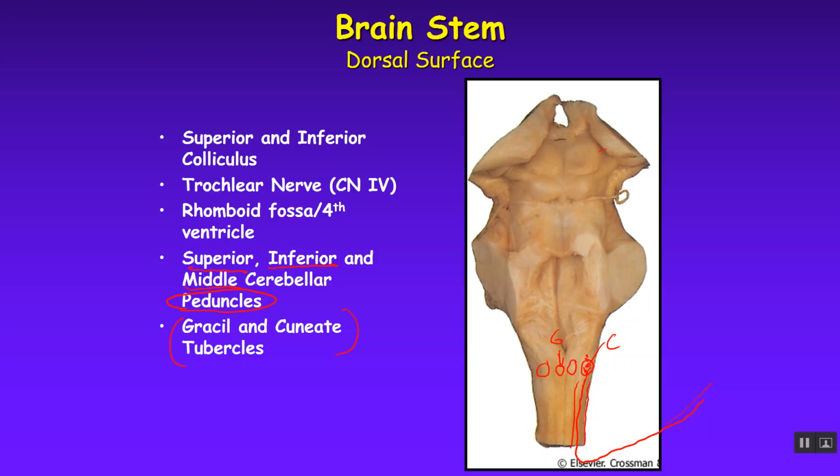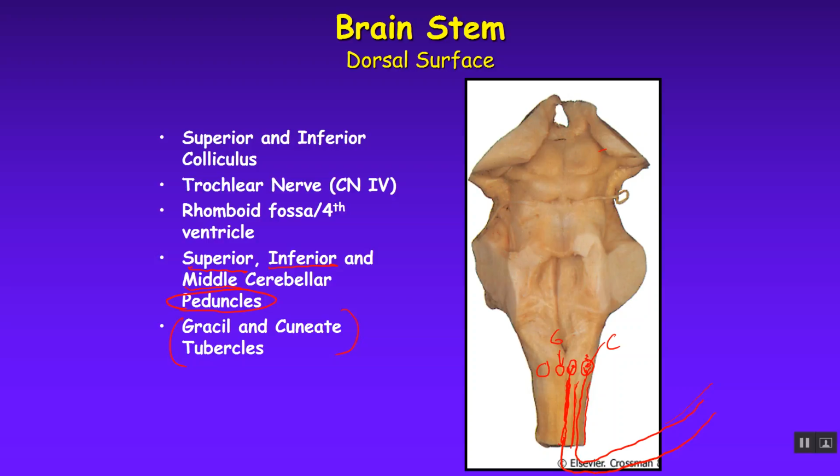We're not going to go into any more detail at this point. And then the fasciculus just medial to that is the fasciculus gracilis, which brings information from the lower body and comes up and synapses in the nucleus gracilis, which is just below that gracile tubercle, that little tubercle there.